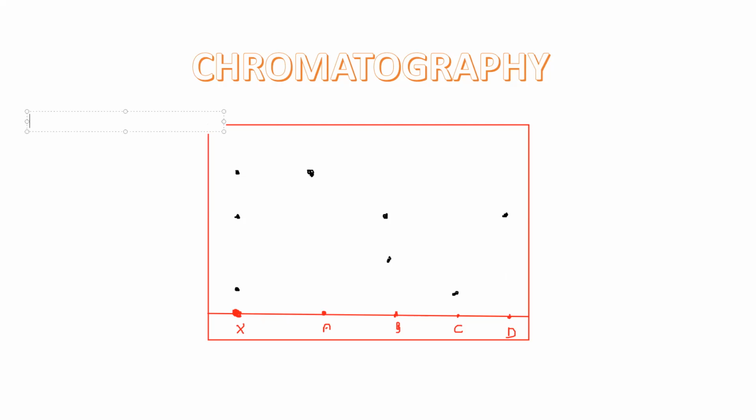The first question is, is X pure or impure? X is impure. Why? What do you conclude? It is impure because there are more than one spot.